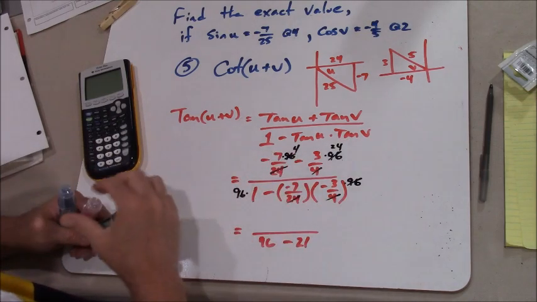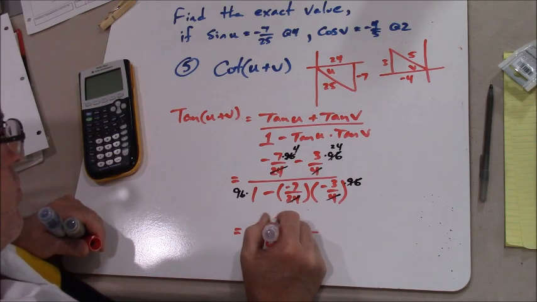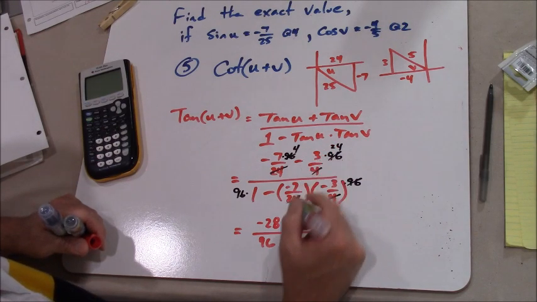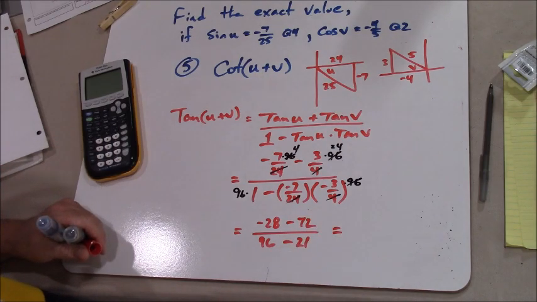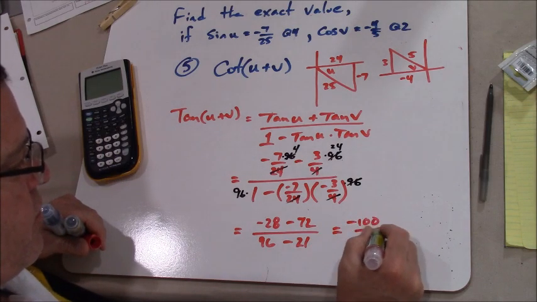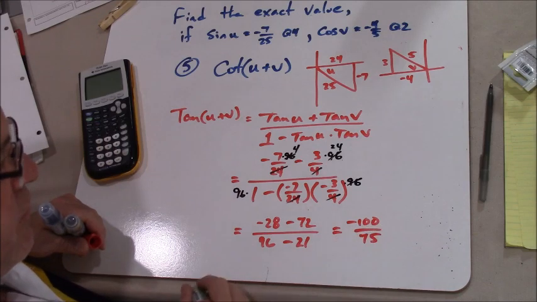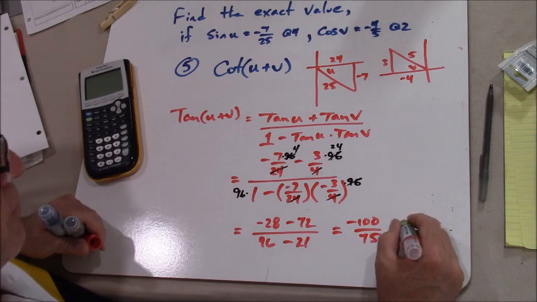So a negative 7 times 4, that's going to be a negative 28. 3 times 24, that would be 72, and we're subtracting. And so now my final answer here, I've got a negative 100. 96 minus 21, that's going to be 75. And that'll reduce down to a negative 4/3.